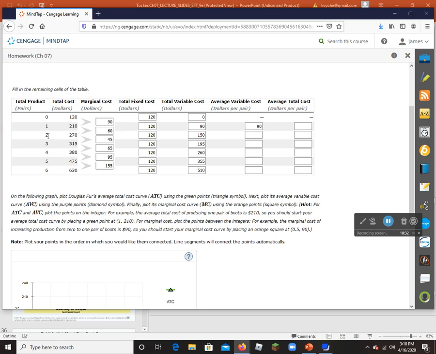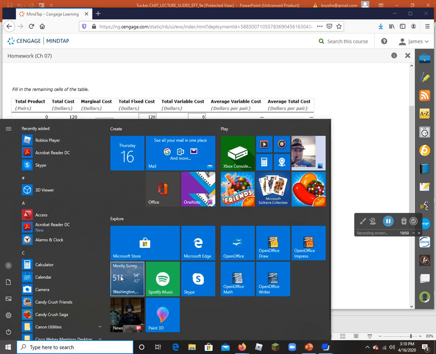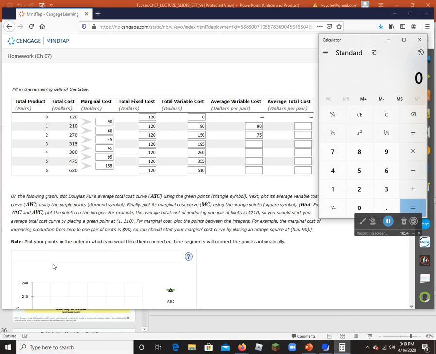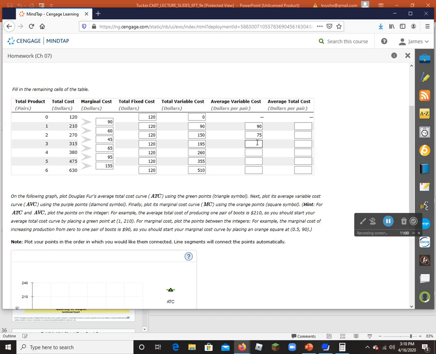You divide that by the 2 units of output, and average variable cost becomes $75 per unit of output. The next 3 units, we have $195 in variable cost. We'll get our calculator out just to prove it to you. $195 divided by 3 units of output comes out to be $65.